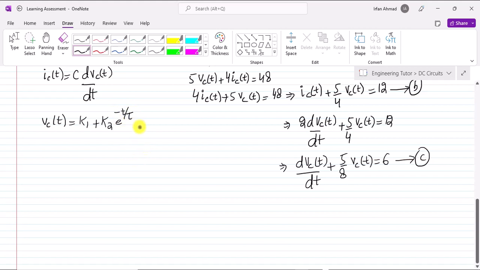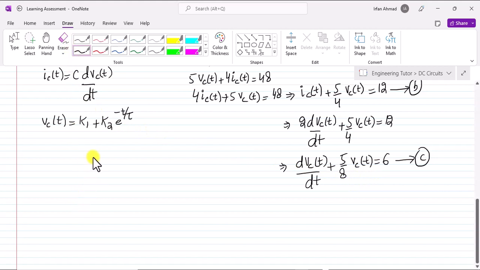That is the general term of our solution, in which we have to find the value of tau as well. From this equation we can very easily see that the value of tau will be equal to the reciprocal of the coefficient of the non-derivative term.